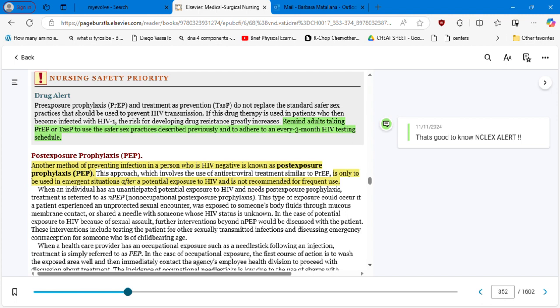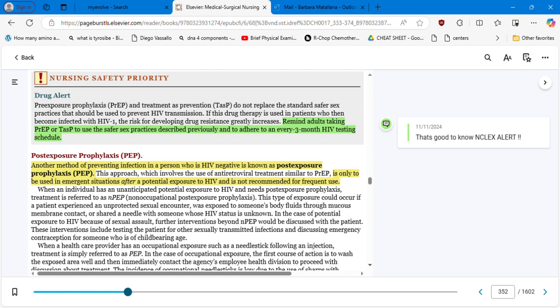Even so, some patients are going to tell you, oh, I was taking my PrEP drug, so I had sex with this HIV patient and I don't think I got the virus because I took the PrEP. No, you still need to have safer sex practices, okay? And you need to be evaluated every 3 months and have HIV testing because of that window period that we were talking about before. So that's good to know.